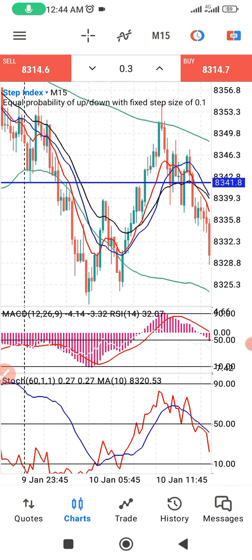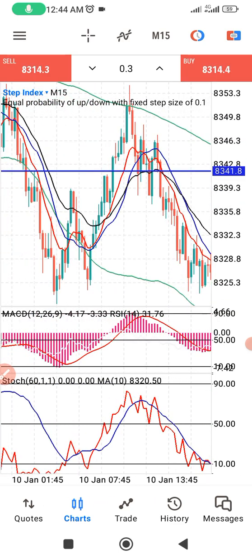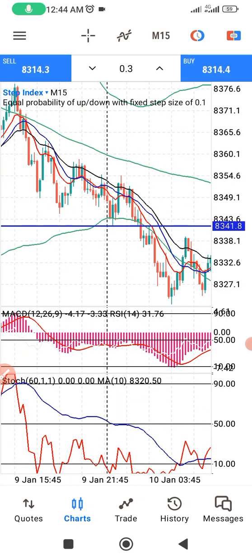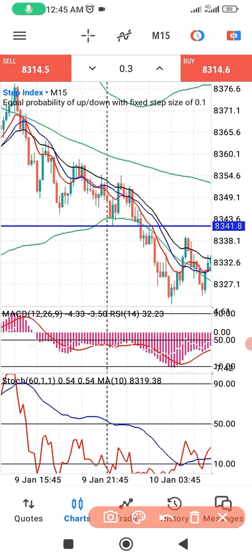Now we have established previously that when you look at our screen, we have a few indicators. First, we have our Bollinger Band, with a period of 130.